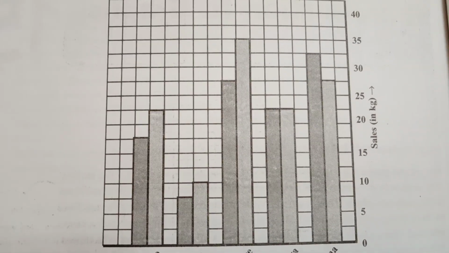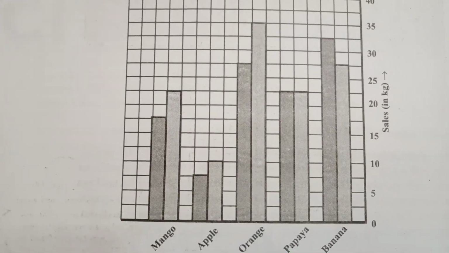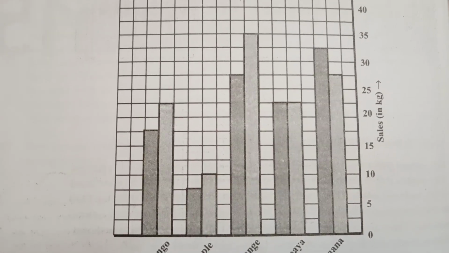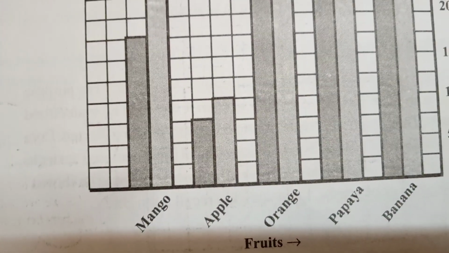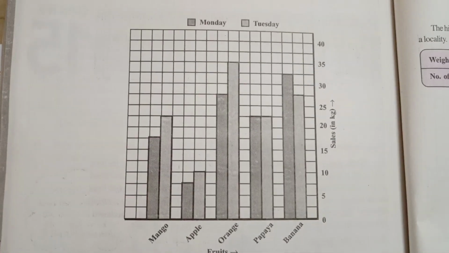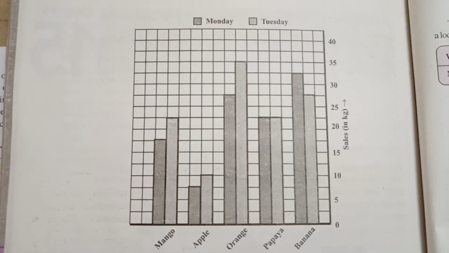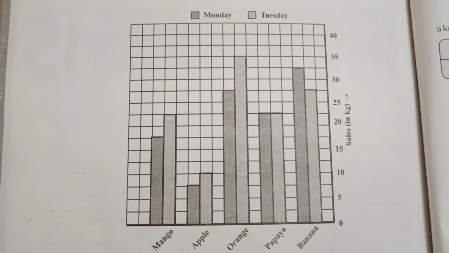On the x-axis we have fruits, and on the y-axis we have sales in rupees. The fruits are mango, apple, orange, papaya and banana. The more shaded bar is Monday's sale, and the unshaded bar is Tuesday's sale.